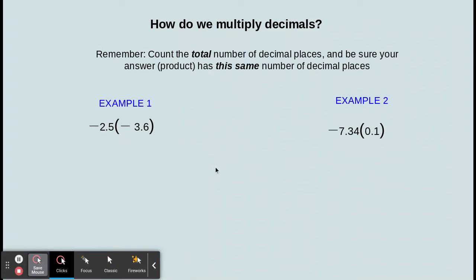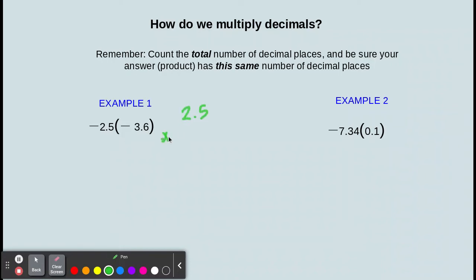Okay, now just a reminder on how we multiply decimals. Remember that your answer is going to have the sum of the decimal places in your two numbers you're multiplying. So meaning, if we look at this example here, and we're going to multiply 2.5 times 3.6.